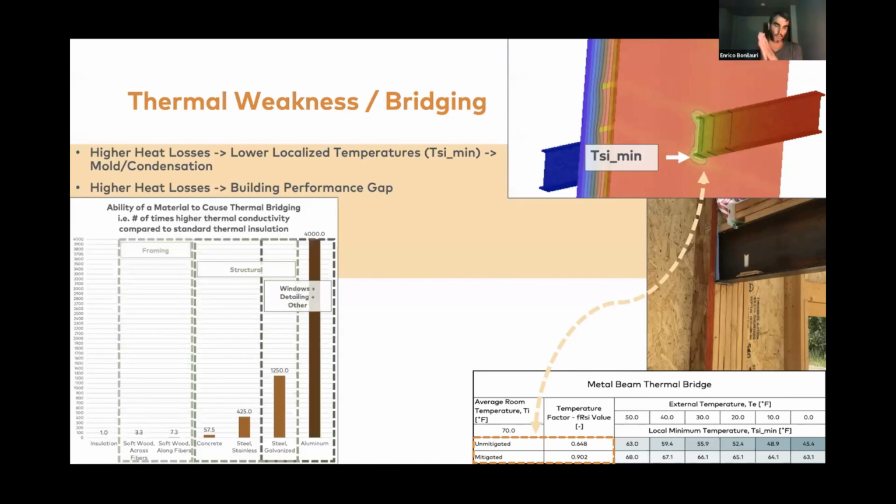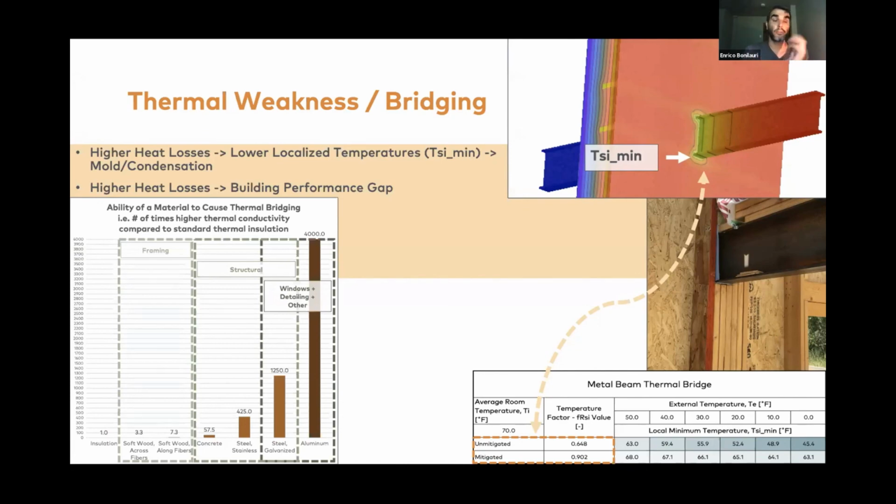On the left-hand side, we see a graph of how able a specific material is in causing a thermal bridge. Now, you have insulation that has a certain R value. And this graph shows the ratio of heat losses compared to the same thickness of insulation.